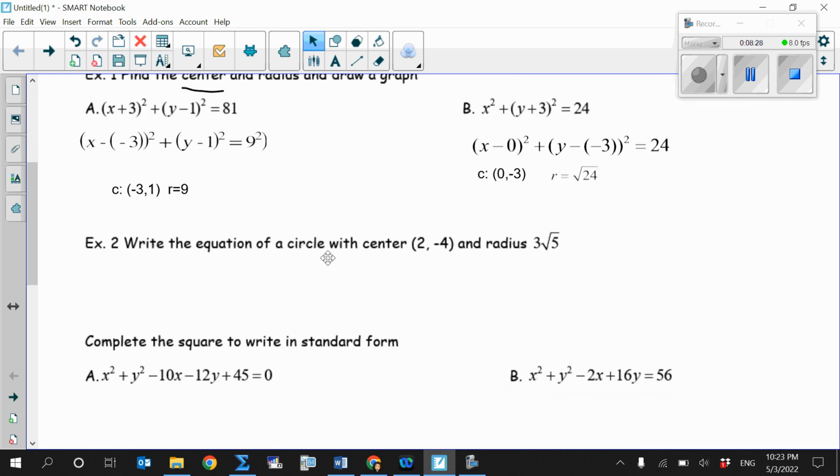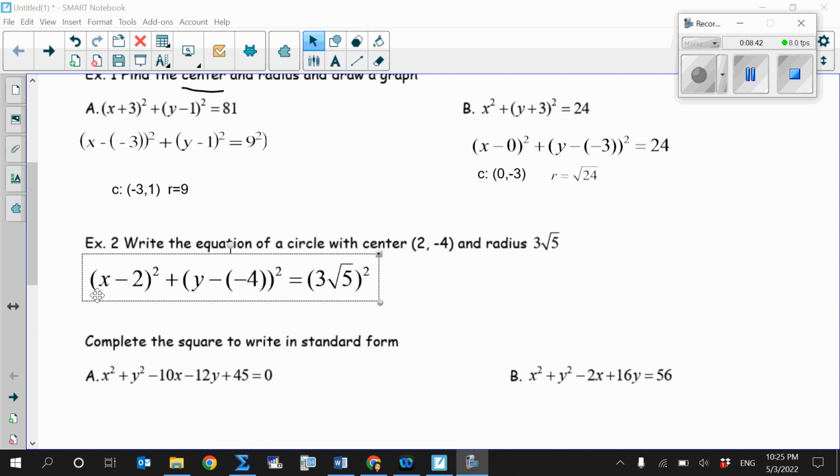So it will be x minus h, which is 2, so x minus 2 squared plus y minus k, and the k is negative 4, so it will be y minus negative 4 to the power of 2 equal to the radius, which is 3 root 5 to the power of 2.